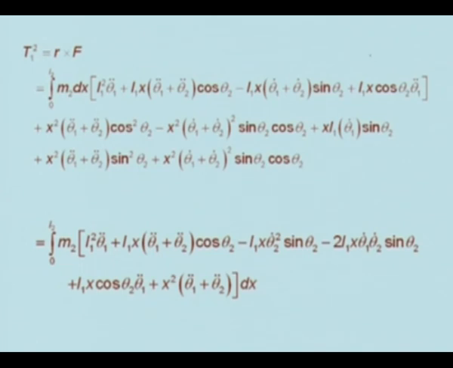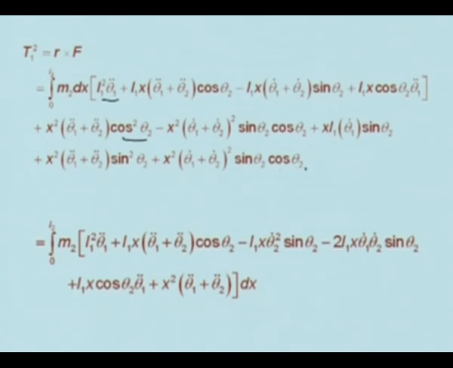So this is what happens: you will get these expressions, M2 dx L1 square theta 1 double dot plus L1 theta 1 double dot theta 2 dot cos theta 2 minus L1 (theta 1 dot plus theta 2 dot) sin theta 2, L1 cos theta 2 theta 1 dot plus x square (theta 1 double dot plus theta 2 double dot) cos square theta 2 minus x square (theta 1 dot plus theta 2 dot) square sin theta 2 cos theta 2 plus x L1 theta 1 dot sin theta 2 plus x square theta 1 double dot theta 2 square sin square theta 2 plus x square (theta 1 dot plus theta 2 dot) whole square sin theta 2 cos theta 2.